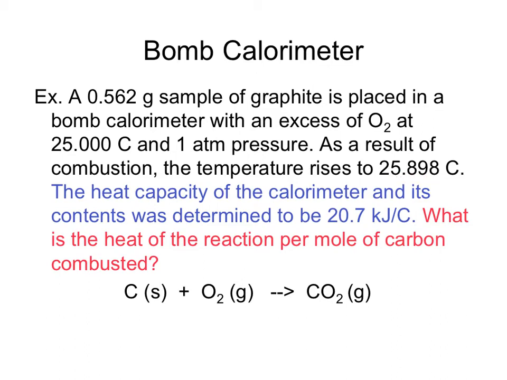So the delta T is actually the difference between these two, even though in the end the temperature comes back to 25 degrees. All right, then the heat capacity of the calorimeter and its contents. So that's what I was discussing before. This is the value of the calorimeter constant that has the symbol W. And then what is the heat of the reaction per mole of carbon combusted.